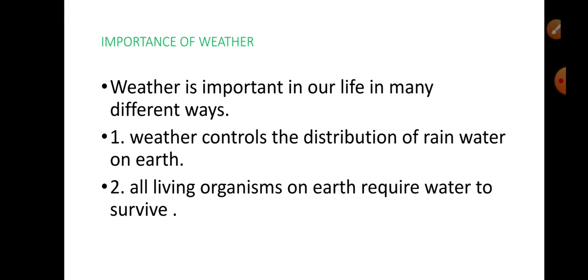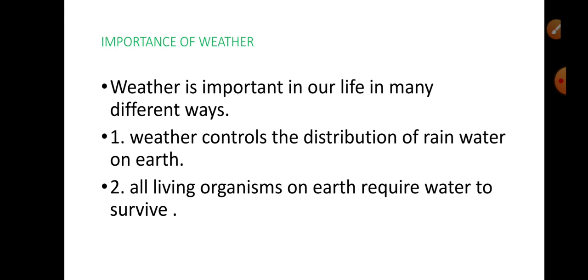Or if it is windy, strong winds may be blowing. All living organisms on earth require water to survive, right? So because of that, we get rainwater, a sunny day, or a windy day.